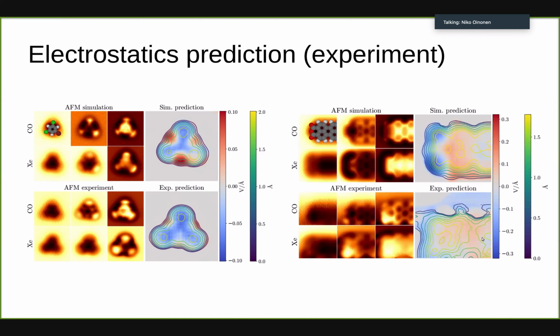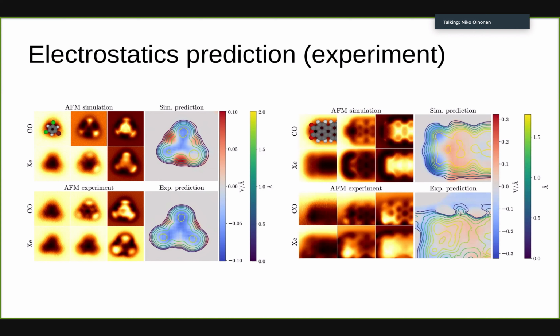Quantitatively, it's not quite as good as in the first case. The negative charge on the oxygens is a bit weaker in the experimental predictions, but it's still roughly within a factor of about 2. So it's not too far off.